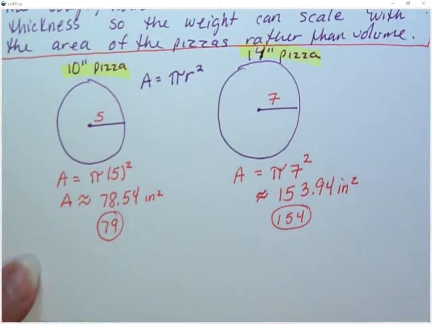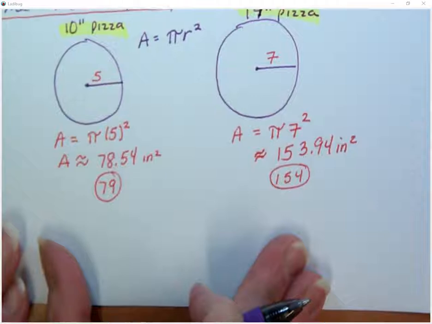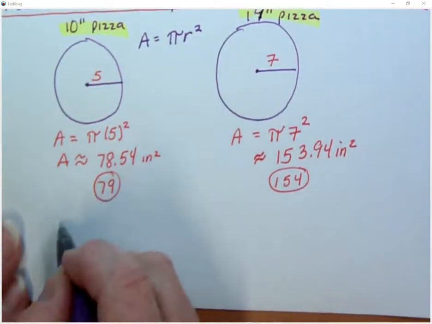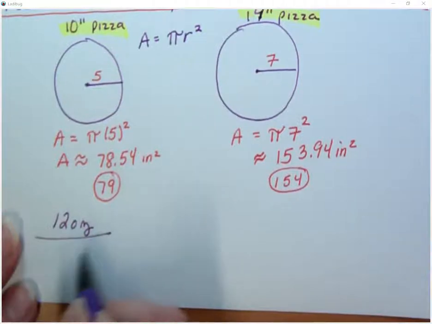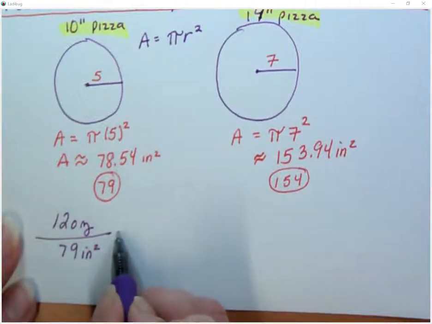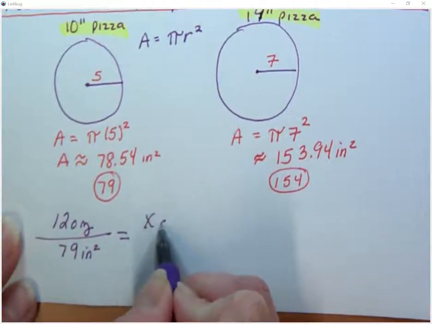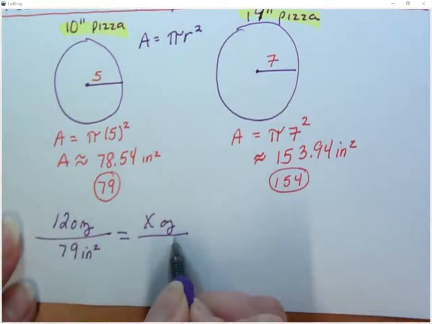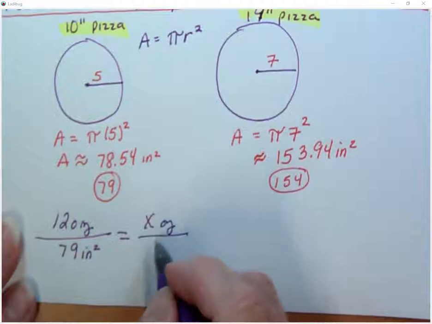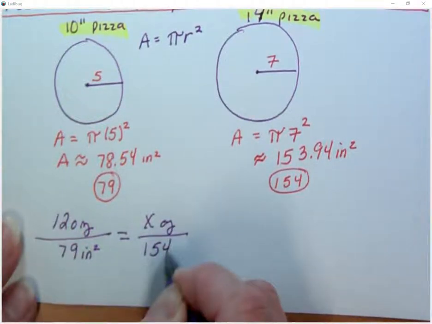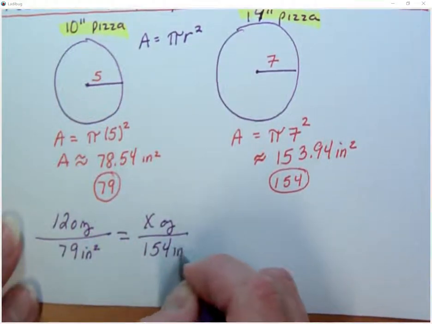Now we're going to write out our proportion. So we have, I'm going to push this up just a little bit more, 12 ounces is to 79 square inches equals X ounces. Remember, oz is an abbreviation for ounces. 154 square inches.